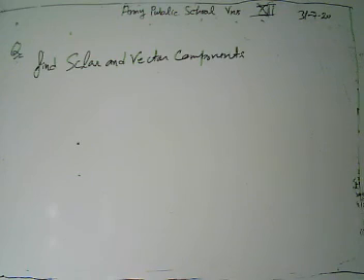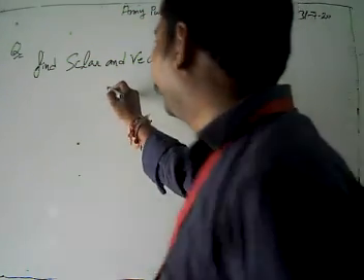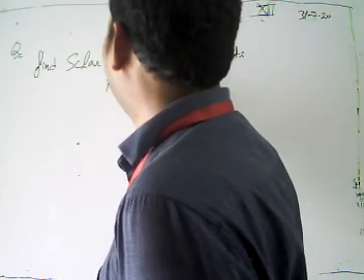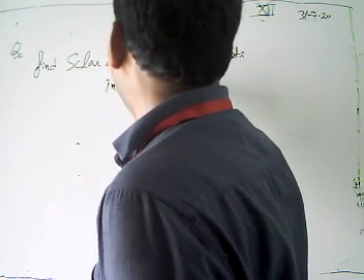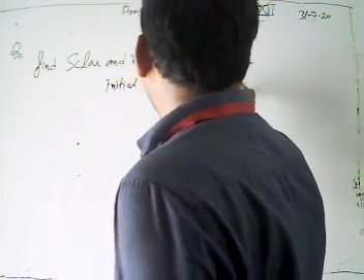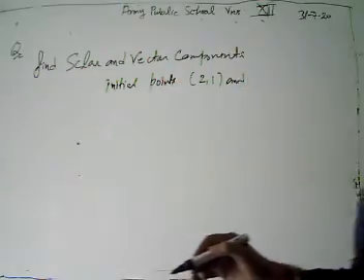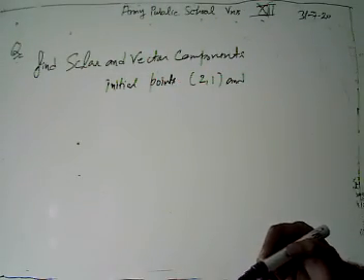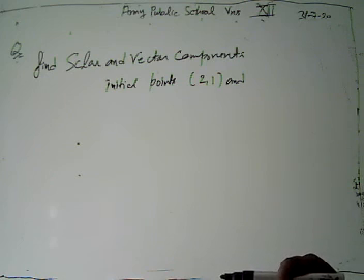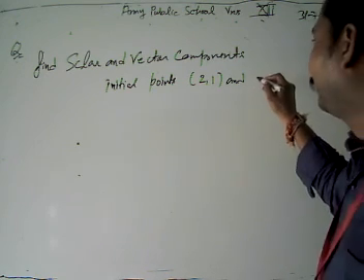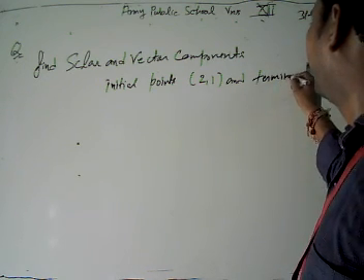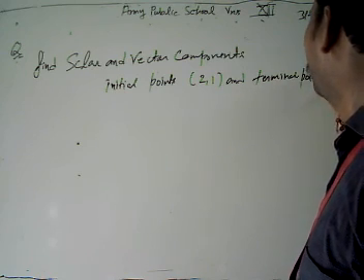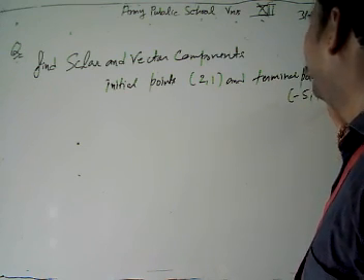We have to find the scalar and vector component of the vector with initial point (2, 1), and the terminal point is (-5, 7).